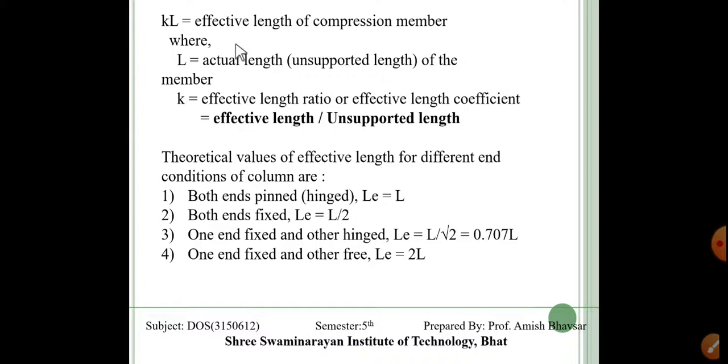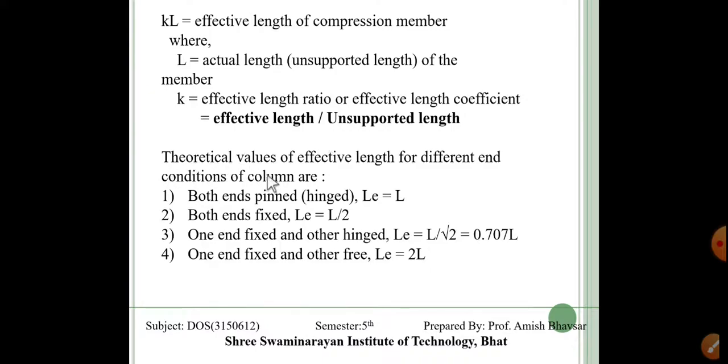Effective length is KL, where L is the actual length, meaning the unsupported length of the column. K is the effective length ratio or effective length coefficient, meaning effective length upon unsupported length, right?